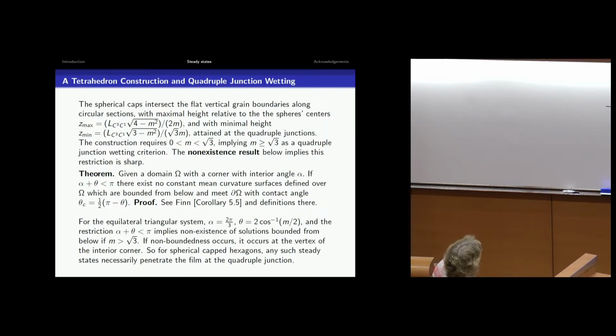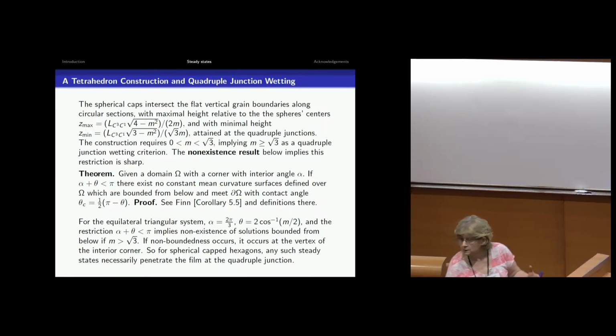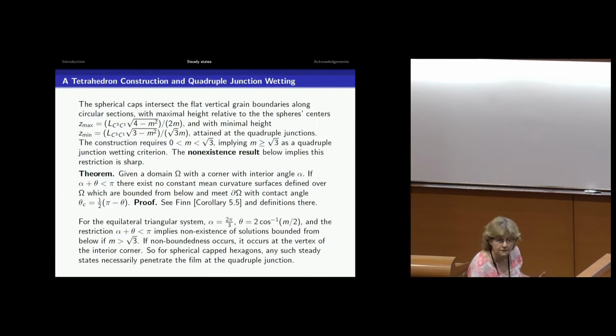And when you look at the details of this construction, just as we looked at the details of the Cyril Smith construction, it turns out that this constraint that we got before reappears. You can only have these spherical capped equilibria if m is between 0 and the square root of 3.